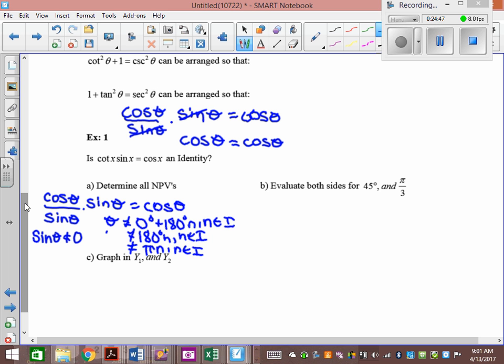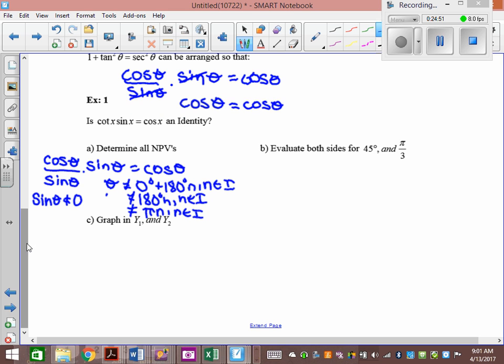Okay? They also ask you to verify with values. So it says evaluate both sides for 45 degrees and pi over 3. So we're going to take this one and evaluate it for 45 and for pi over 3. So cotan 45 degrees times sine of 45 degrees equals cos of 45 degrees.